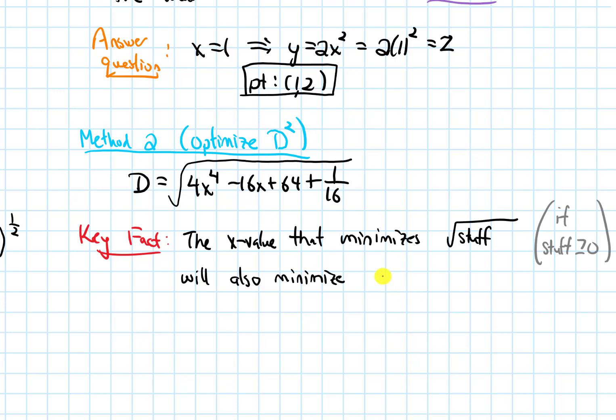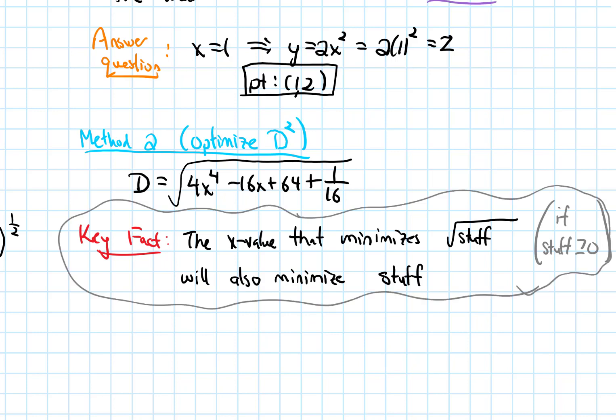And when you square this thing, you just get the stuff inside. I'm going to put a little thought bubble around this.